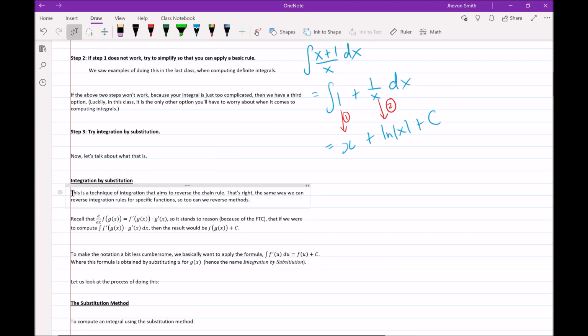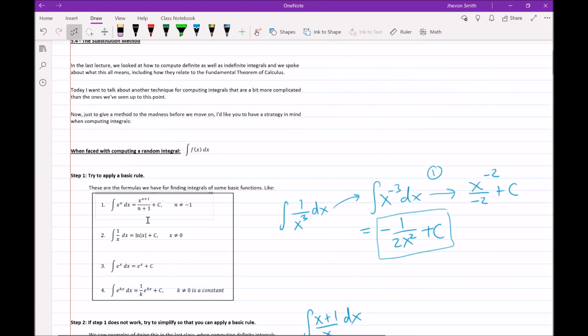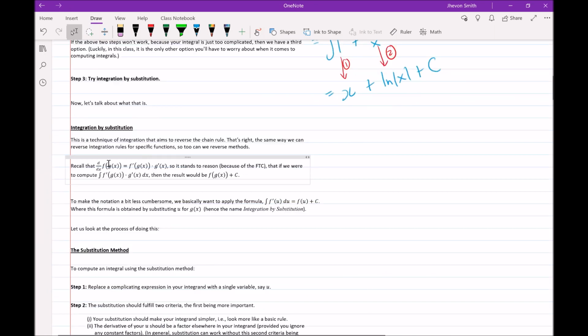You can think of this as a reverse of the chain rule. So remember the chain rule from derivatives, that's this guy. And just the same way that we can figure out formulas for basic functions by reversing the derivative rules, we can actually reverse entire derivative methods. So the chain rule is a derivative technique. We can actually reverse that entire technique, and that reversal is called integration by substitution, okay?